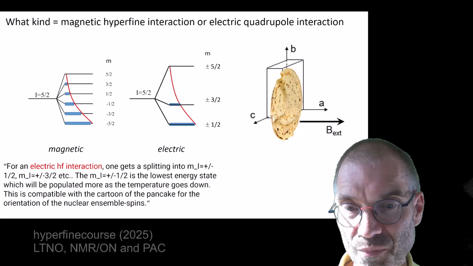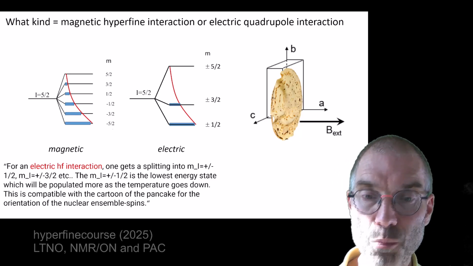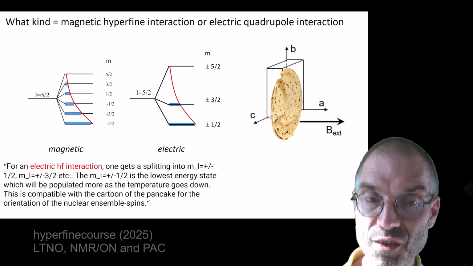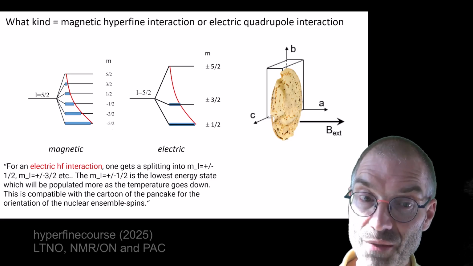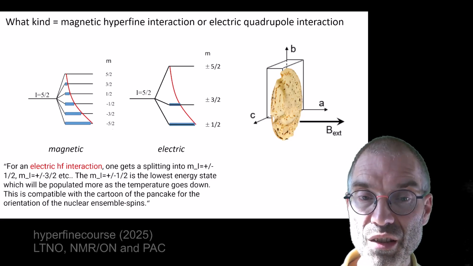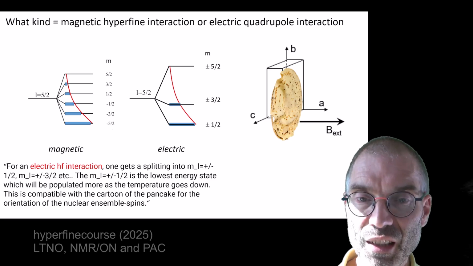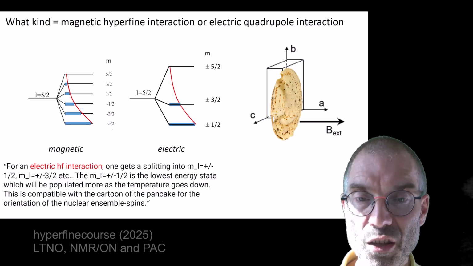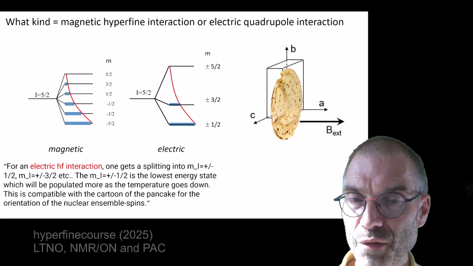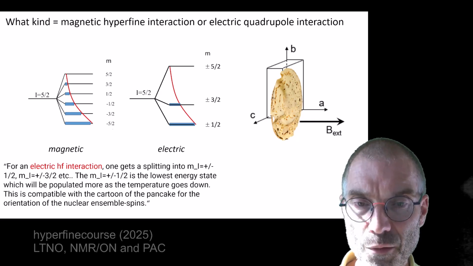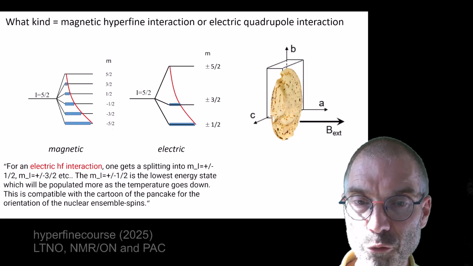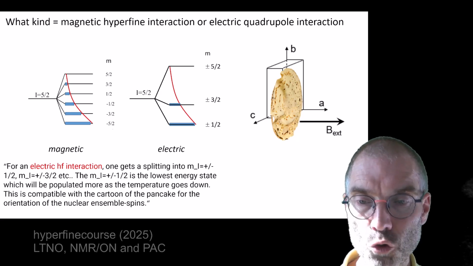So although the large majority of you answered the magnetic hyperfine interaction, it's the other answer. So critically re-examine why you answered magnetic hyperfine interaction and point out to yourself where your reasoning went wrong.